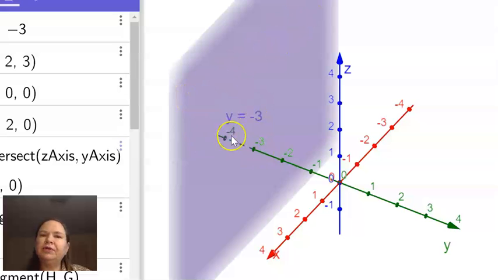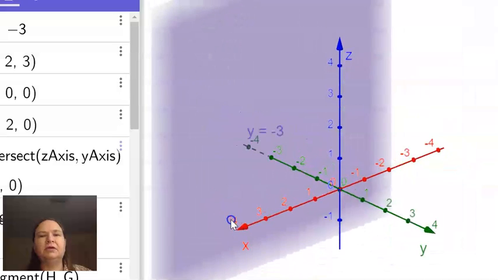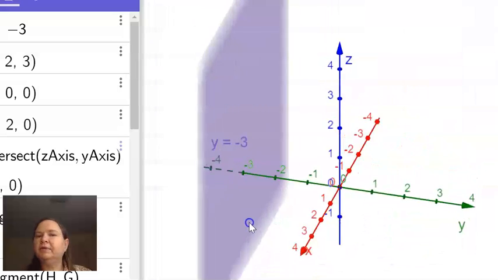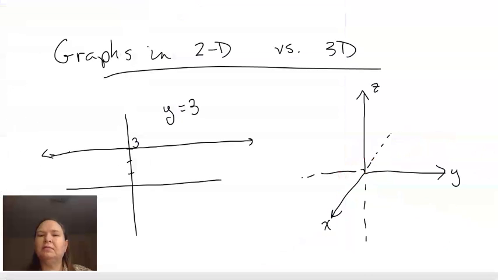And all the points on this plane are the ones with different x-coordinates and different z-coordinates, but the y-coordinate is always -3. So that y equals -3 that gets graphed as a line in 2 dimensions gets graphed as a plane in 3 dimensions.